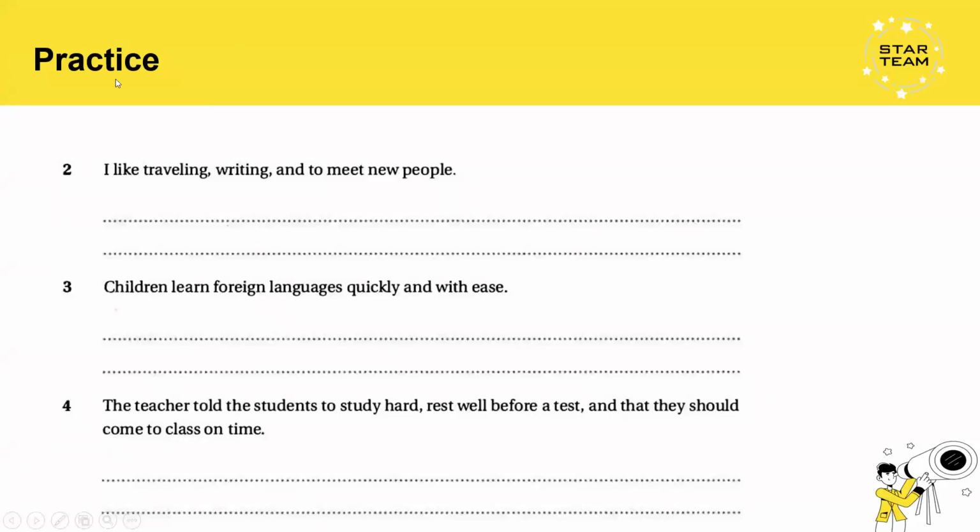So it is practice, guys. I'm waiting for your answers. Please be active. I like traveling, writing, and to meet new people. I want you to correct this sentence, making a parallel structure, yeah? I like traveling, writing, and to meet new people.